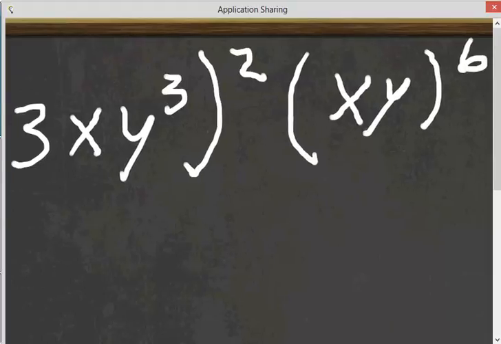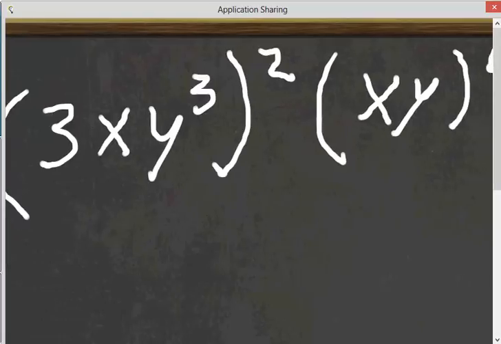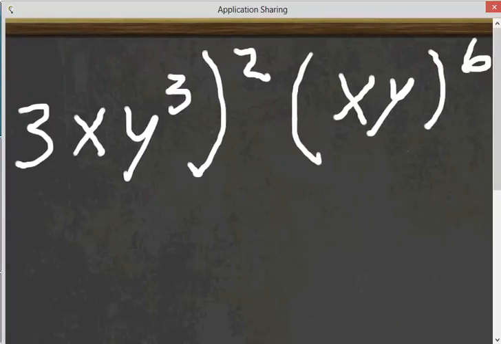In this problem, we really want to be careful to remember the order of operations. So we're going to parentheses and then exponents. First we'll raise this whole quantity to the second power.